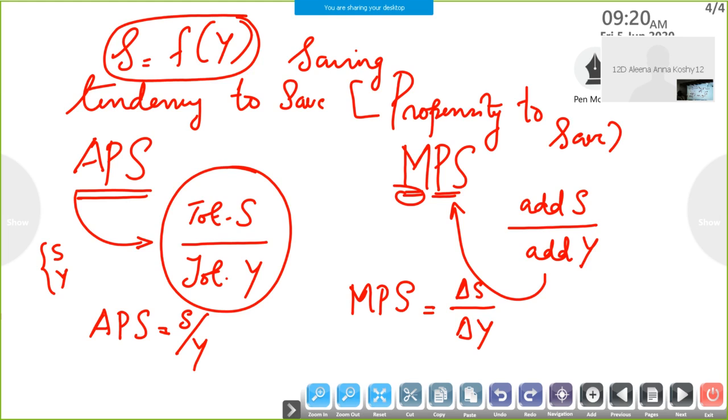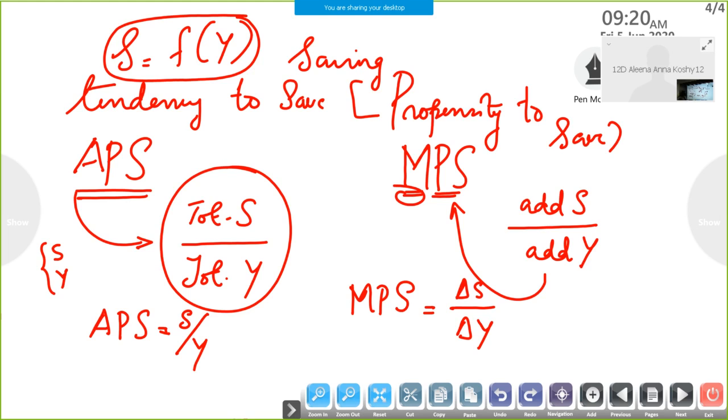That tendency we can measure by using average propensity to save and marginal propensity to save. Both concepts indicate the ratio between saving and income. For APS we are using total saving and total income.